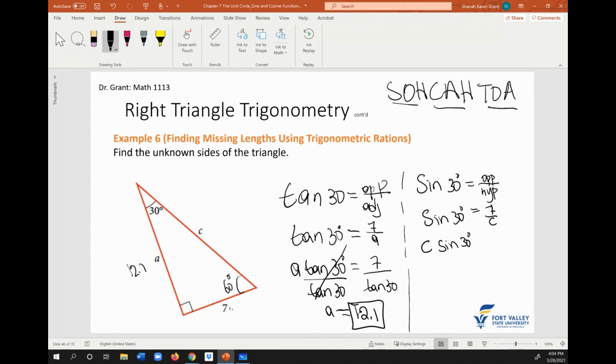Multiply both sides by C, and then divide both sides by sine of 30 to get C by itself. Plugging this in your calculator, you should get C equals 14.